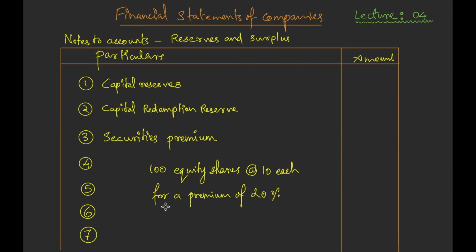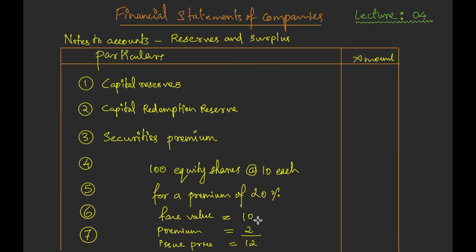That is, face value of equity shares is rupees 10 and premium is 20% of 10, that is 2, so issue price is 10 plus 2, 12.